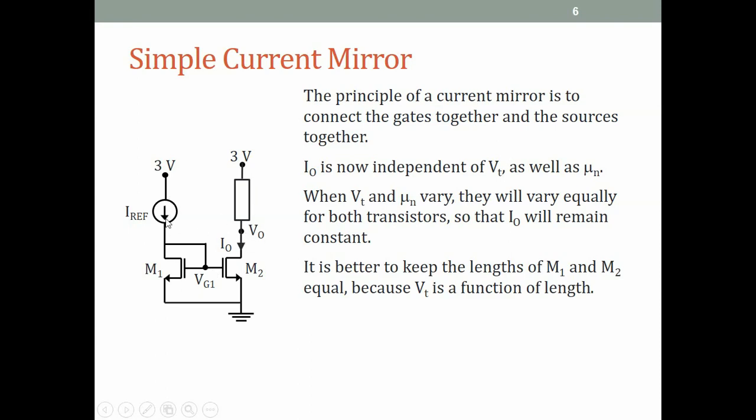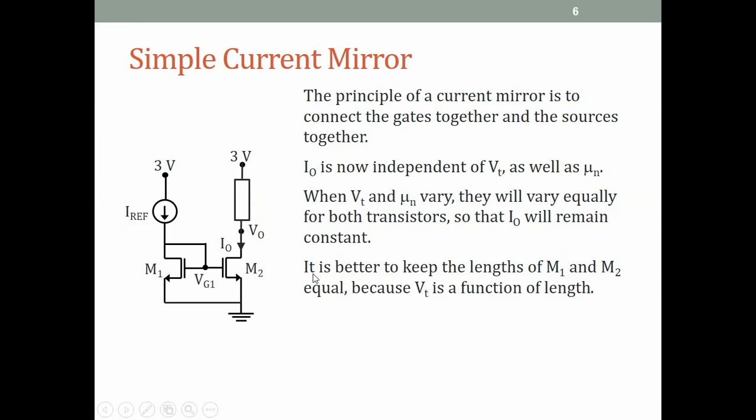Because we are forcing a constant current here, if Vt varies, Vg must vary so that the same current continues to flow, and because M2 mirrors the current of M1, the current I0 flows here independent of the value of Vt and mu1 as long as the Vt and mu1 are equal for both these transistors.